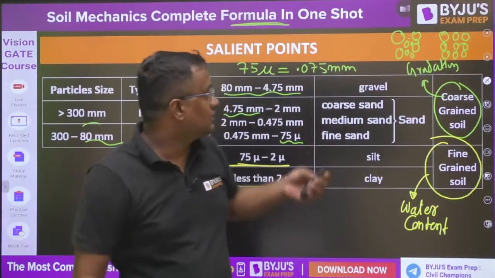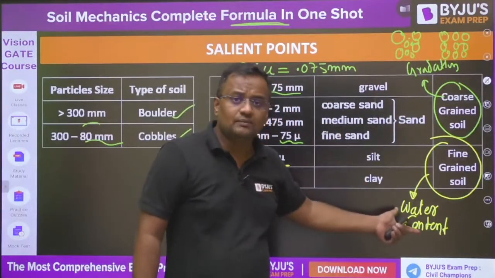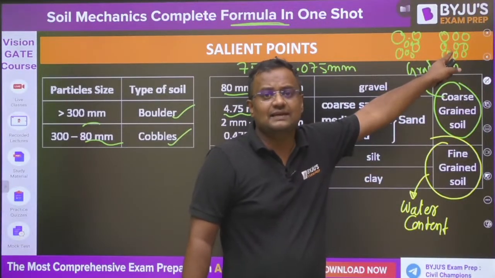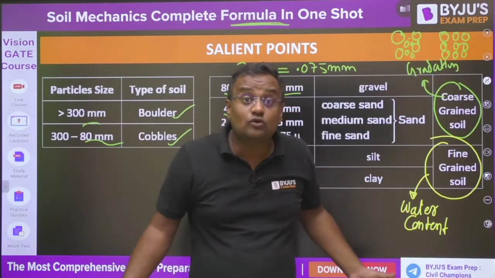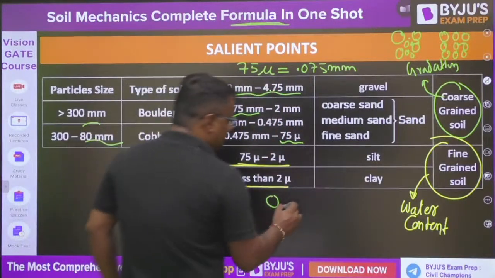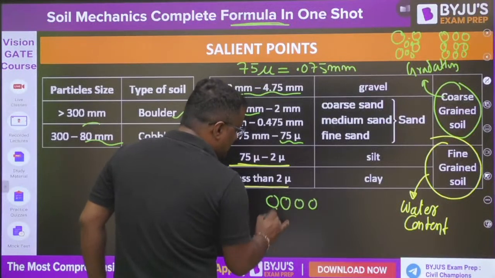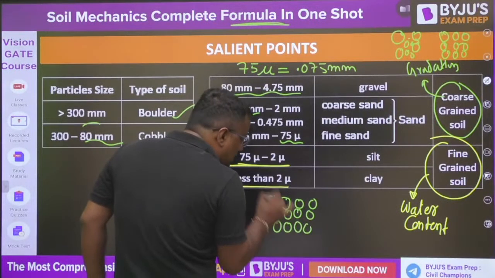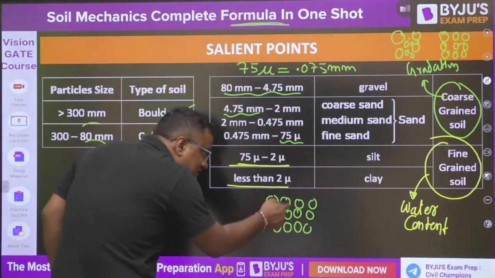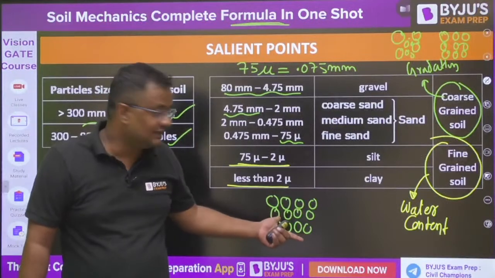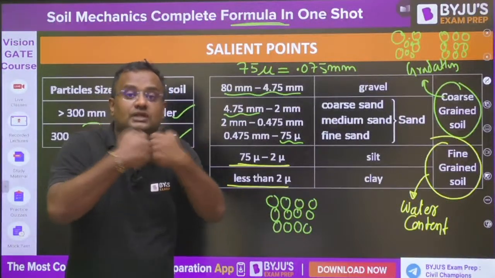Okay, so that is important here. Why is it not important here? Because you cannot call a fine grain soil poor if the sizes are same, because fine grain soils are cohesive. Even in fine grain soil, if all particles are of almost same size, that means the smaller particles are not there to go in the voids. Still you cannot say it is poor in fine grain soil, because fine grain soil has cohesion.